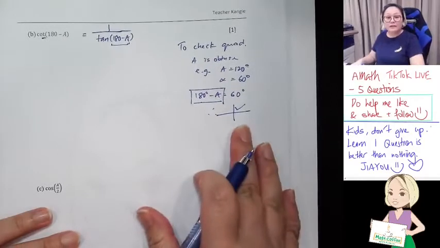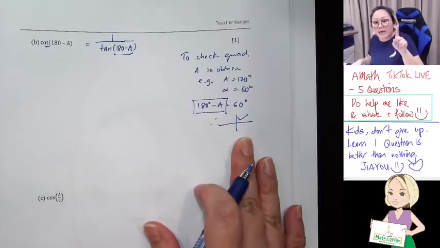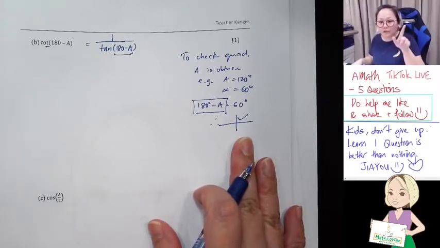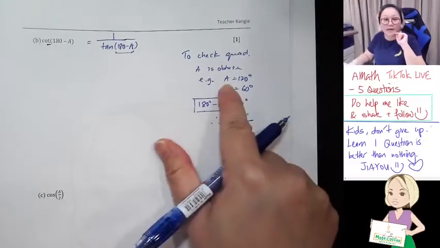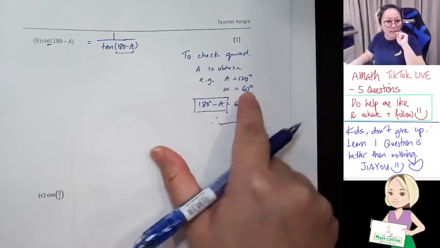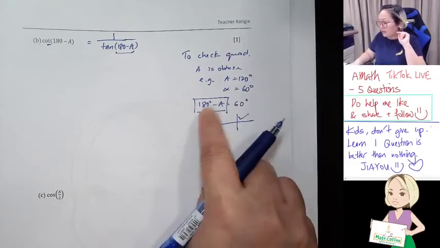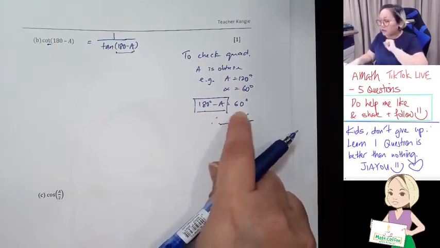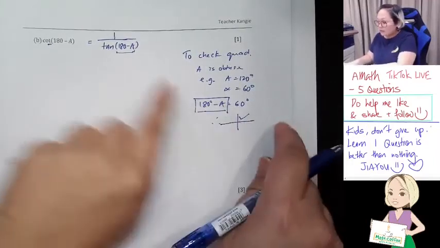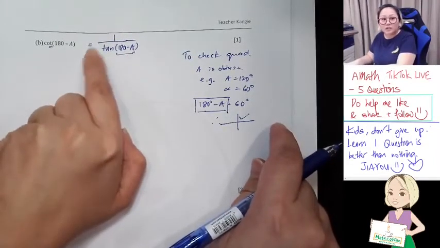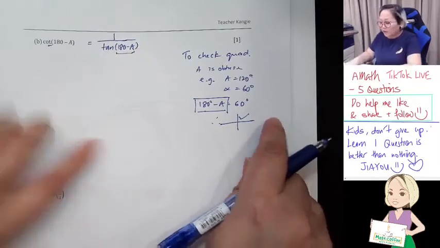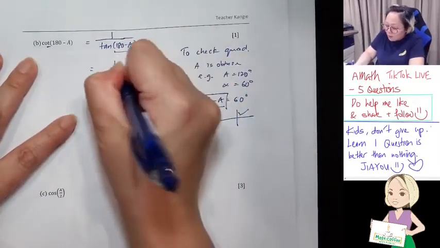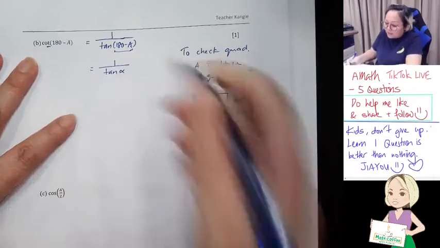Be careful, just now that one was A. A is in the second quadrant. Now it's 180 minus A, so I need to check which quadrant 180 minus A is in. That's why I put an example. A is 120, basic is 60, just put it there. Then you take 180 minus the obtuse angle A, and it gives me 60 degrees. And when this is 60 degrees, the whole thing is in the first quadrant. So it will be 1 over tangent of the basic angle.